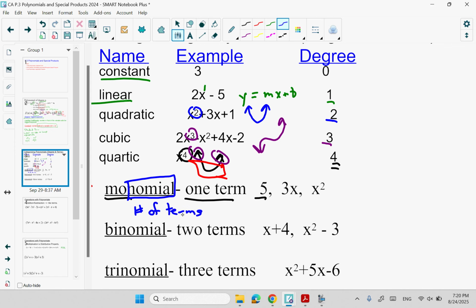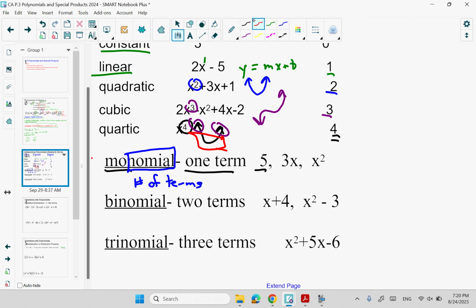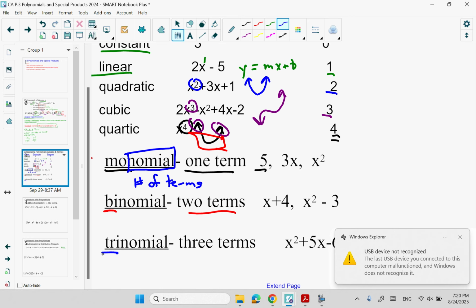So monomial, like monotheistic religion, one God, one term. Binomial then means two terms, like a bicycle's got two wheels. And then, of course, we have trinomial, it's got three terms, like a triangle, three angles.